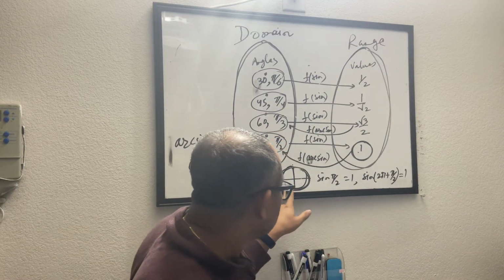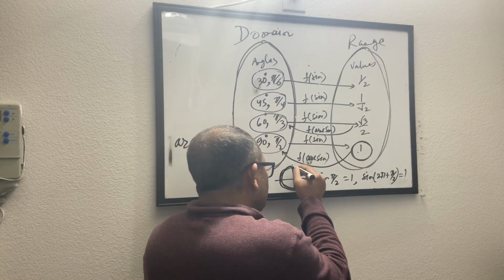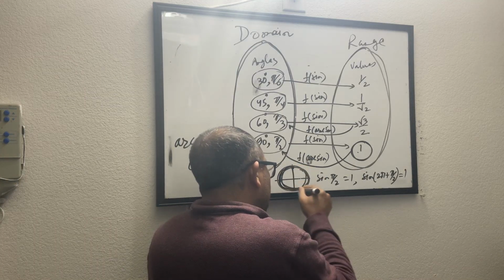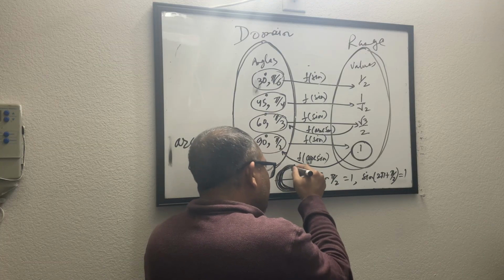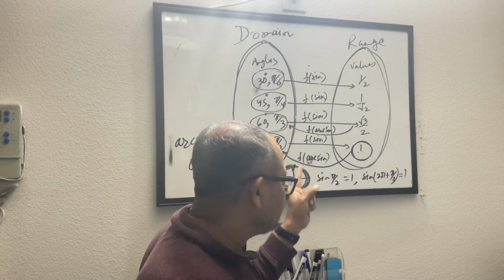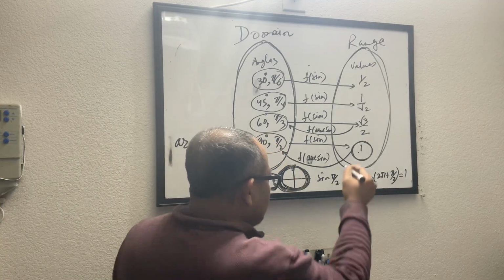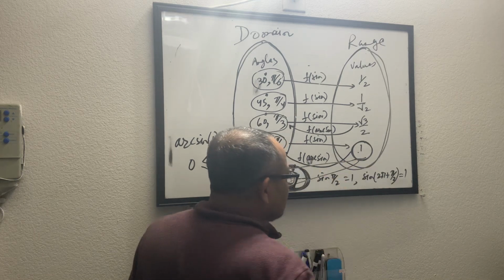But based on our understanding of the unit circle, when I keep making rotations, my angle keeps changing, but my sine value might be the same after every rotation. So for this one output, there could be multiple inputs, multiple angles that result in this output.